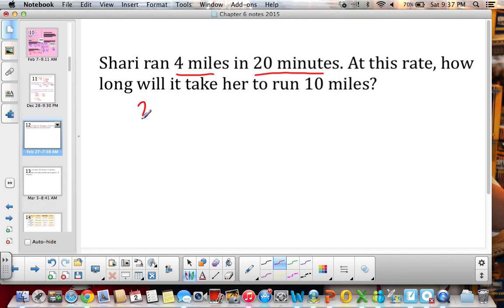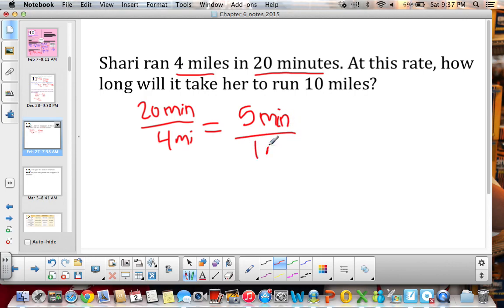So it's going to be 20 minutes for 4 miles. Which then is 5 minutes in 1 mile. So 5 minutes per mile.